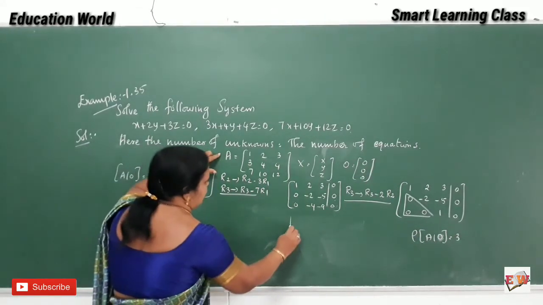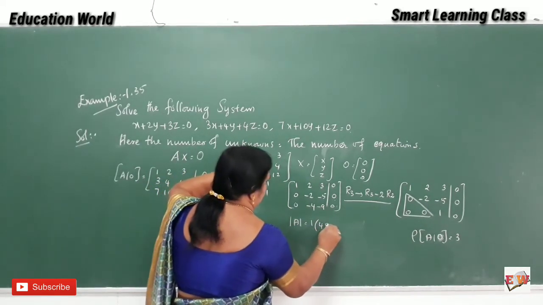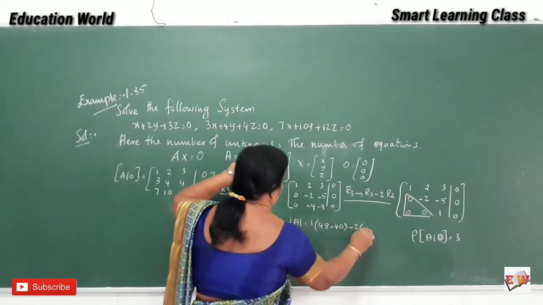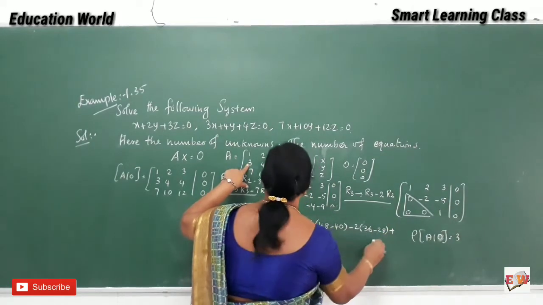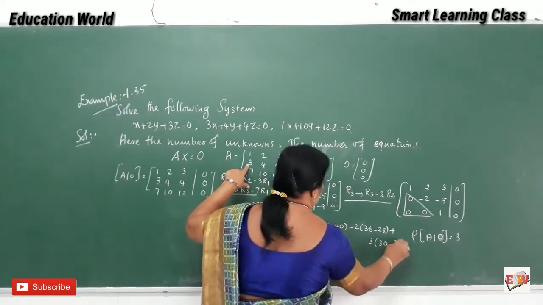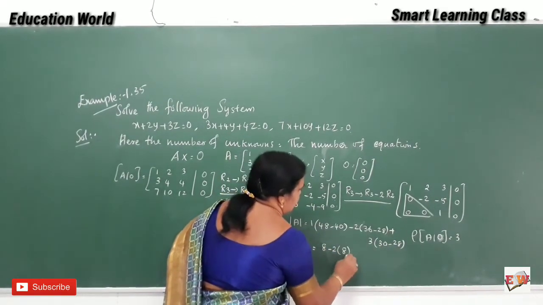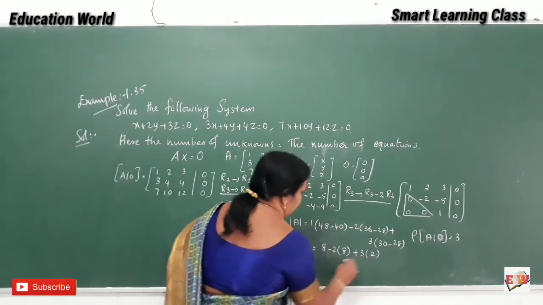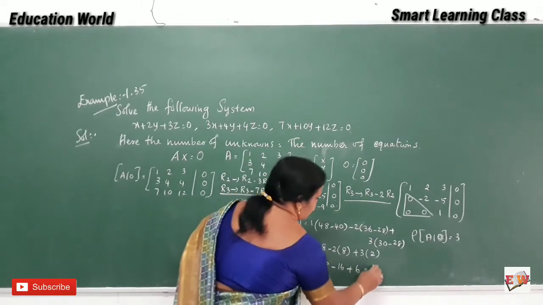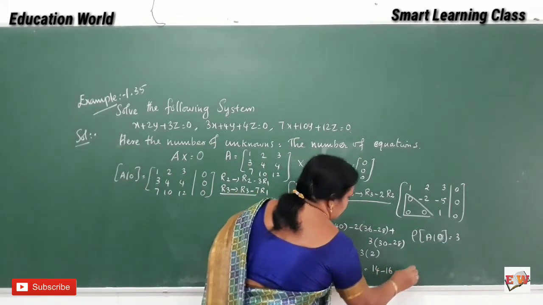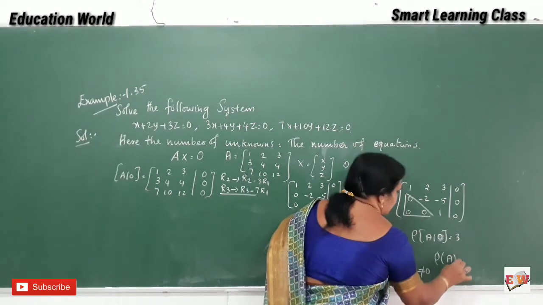For that you just find the determinant of A. 1 into (48 minus 40) minus 2 into (36 minus 28) plus 3 into (30 minus 28). 8 minus 2 into 8 plus 3 into 2. 8 minus 16 plus 6. 14 minus 16 is equal to minus 2. So it is not equal to 0. So the rank of A is equal to 3.